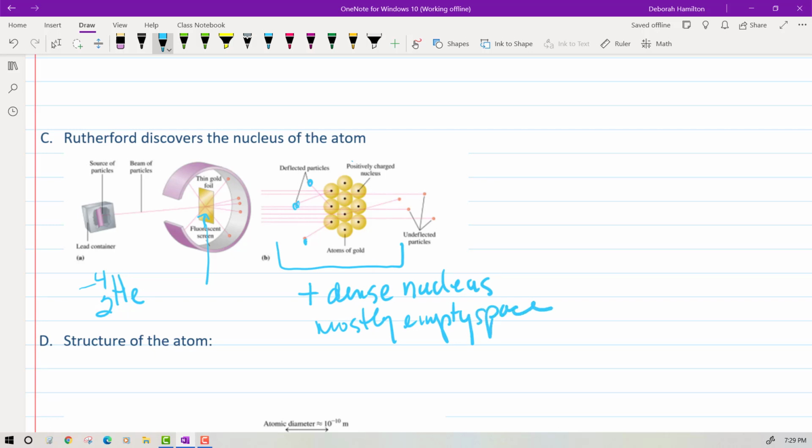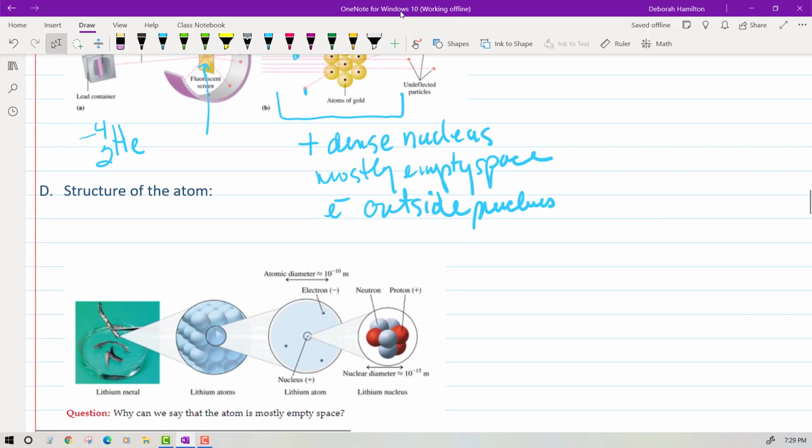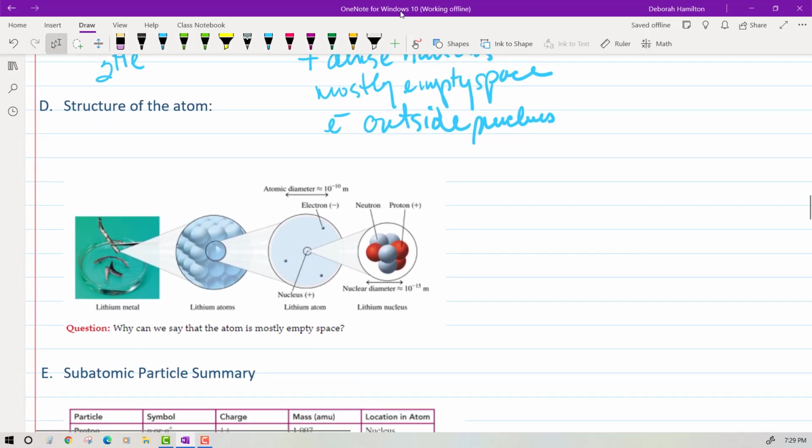Positive dense nucleus, mostly empty space, and the electrons are outside the nucleus. They actually orbit the nucleus, kind of like our planet orbits the sun. We know that's a little different today, but it was pretty good for back in the 1900s.